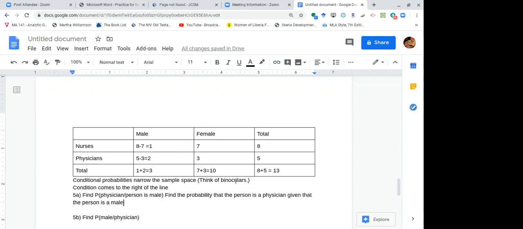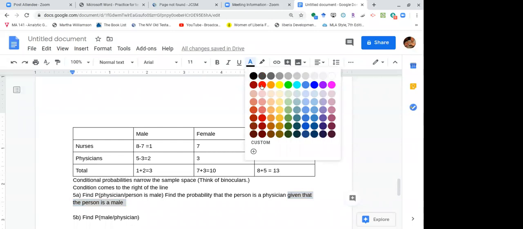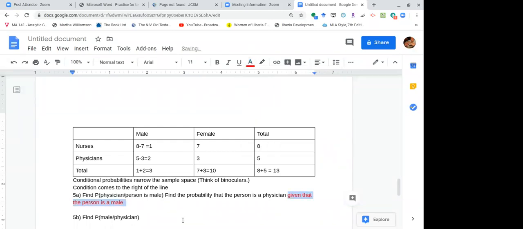Now, this, given that the person is a male, is what you want to pay attention to. I'm going to put that in red. So this red condition right here, you want to match it to this. Okay. Given that the person is a male.